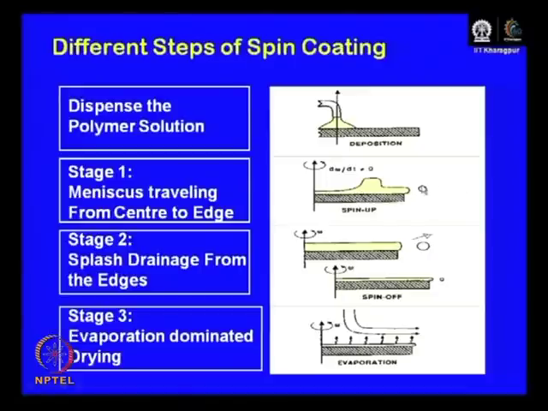If you ever see a photo of the spin coating technique, you will see that after 3, 4 or 5 seconds of beginning of the rotation, as the meniscus reaches the periphery of the substrate, there is significant splashing. So, a significant amount of polymer as well as solvent is lost due to splashing, but what remains, the polymer gets deposited on the surface and the major part of the solvent gets evaporated.